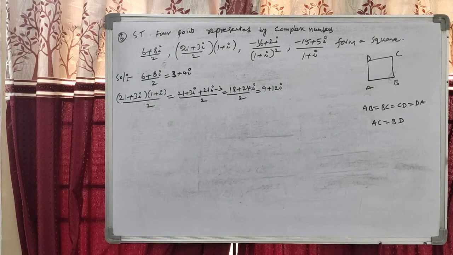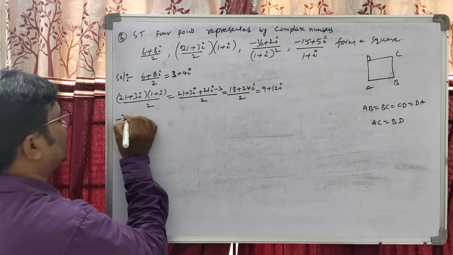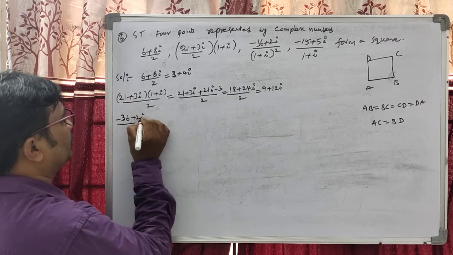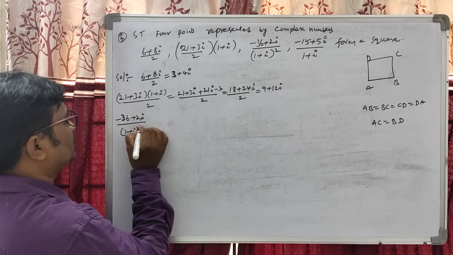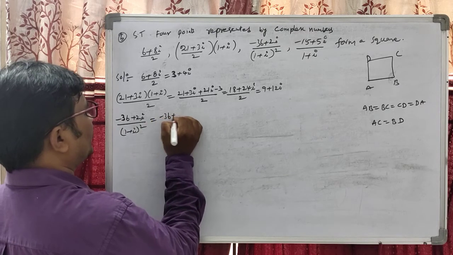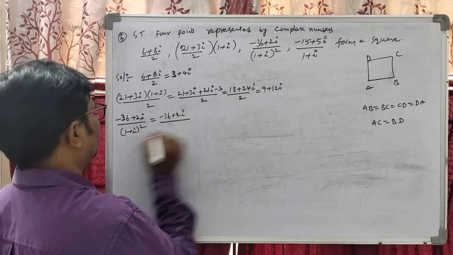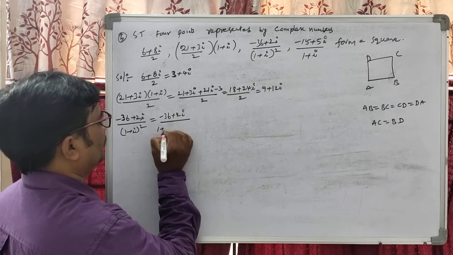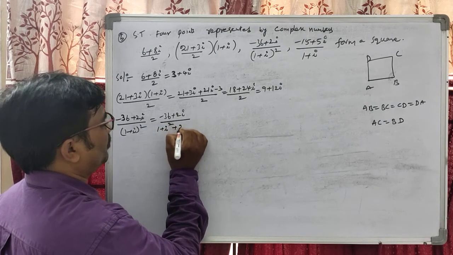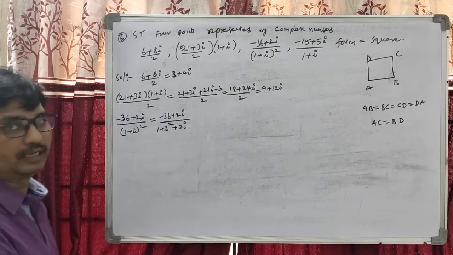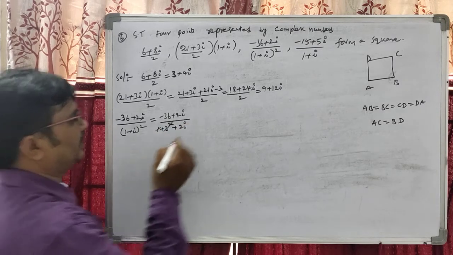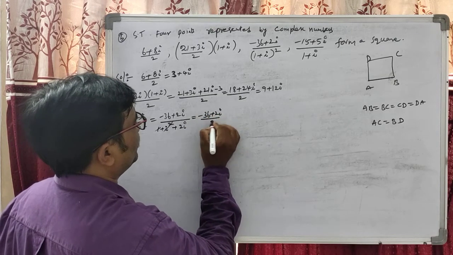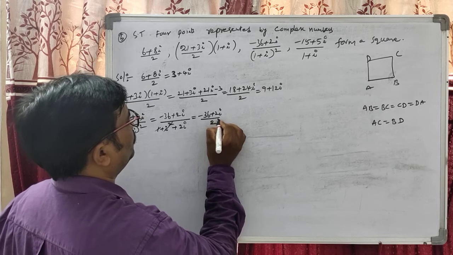Now, the next one: minus 36 plus 2i by (1 plus i) whole square. Using a square, b square plus 2ab: a square is 1, b square is i square, 2ab is 2i, and i square is minus 1, so these cancel. Now minus 36 plus 2i by 2i.